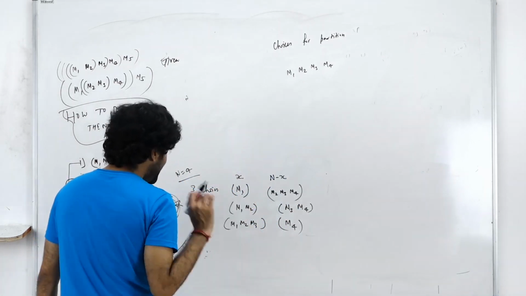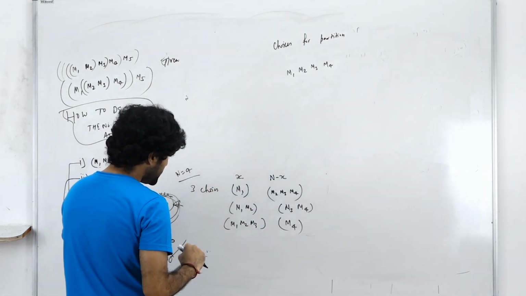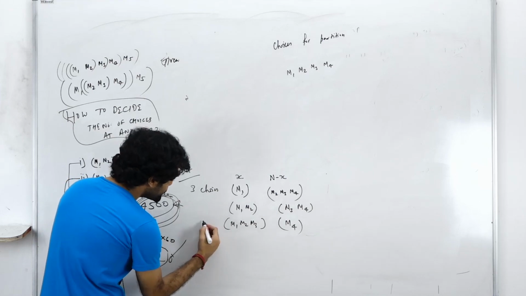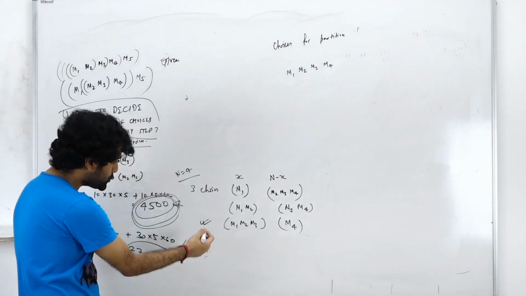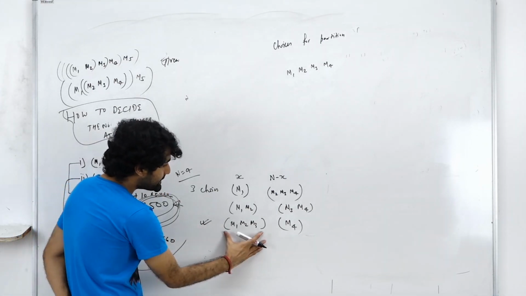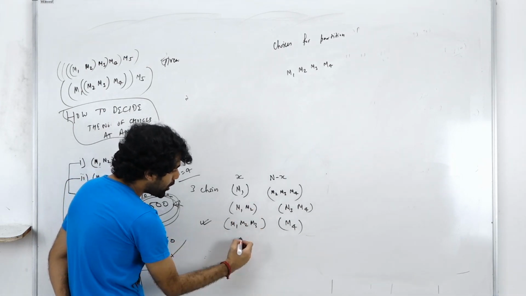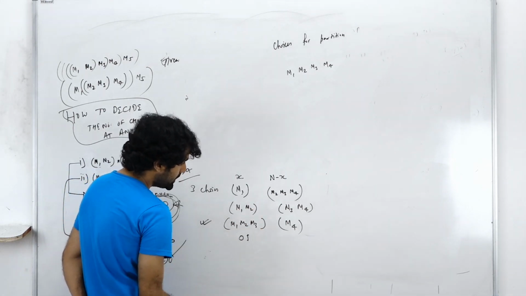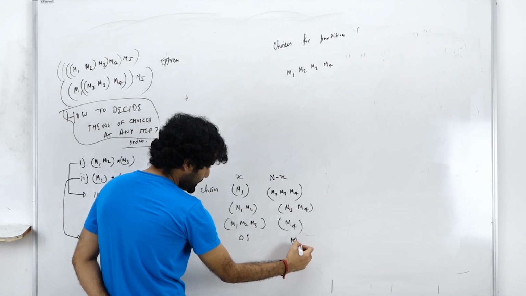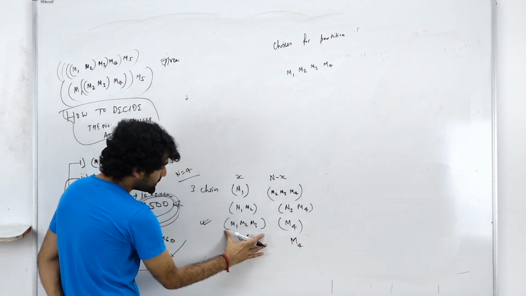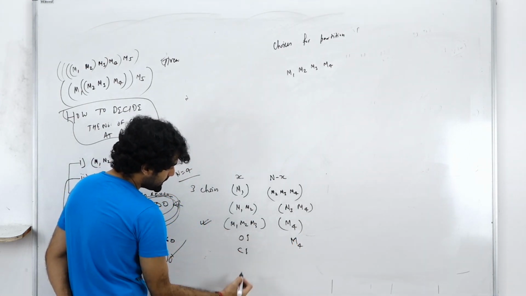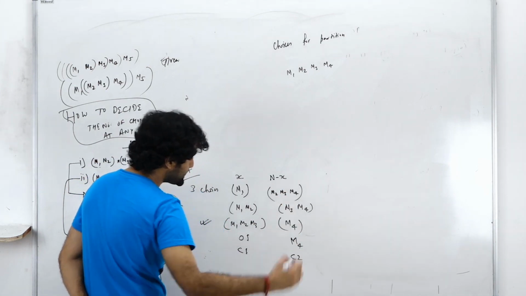Now I'll ask you a very simple problem. Let's say you chose to go with this. Let's say these 3 matrices got multiplied and you got an output from here, output 1. The output of this will be this matrix M4 itself. Let's say the cost of this multiplication was C1 and the cost of this multiplication was C2.